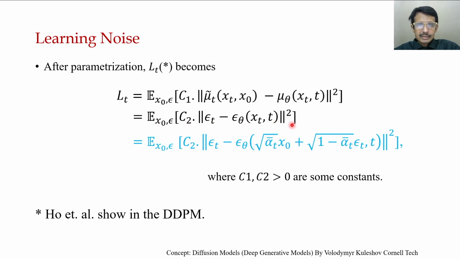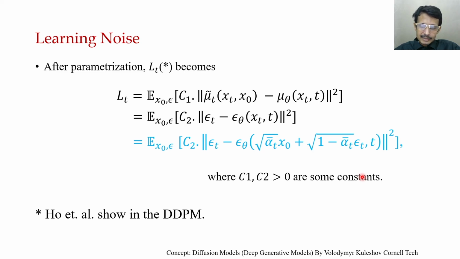This we can write. So ultimately we can say that this is the expectation over x0 and epsilon of C2 times this norm, because we can put in the value of epsilon theta of xt here. So we can get this LT, this loss, which becomes now this.